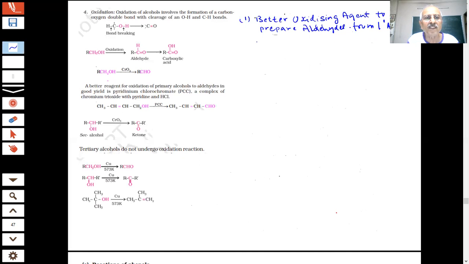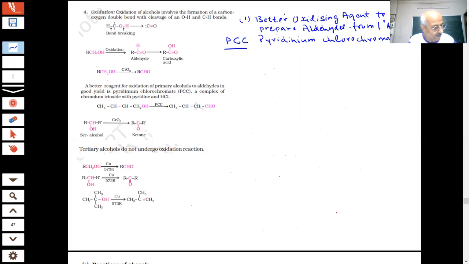So there is a reagent which is called PCC. I think you will note this down. This is pyridinium chlorochromate. It is a mixture of pyridine, chlorochromate.